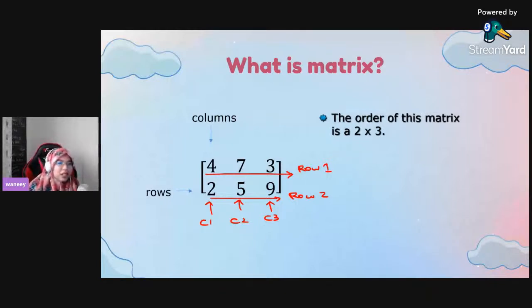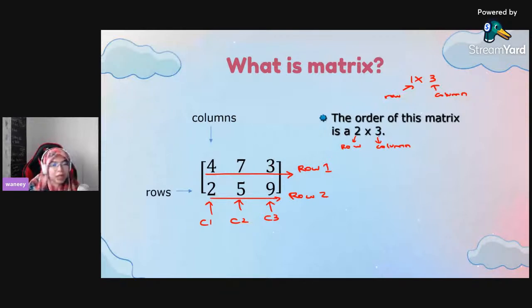So 2 by 3 means we are going to have 2 rows and 3 columns. That means if you have a 1 by 3 matrix, your matrix will have 1 row and 3 columns. Okay, so this is how a matrix looks like.